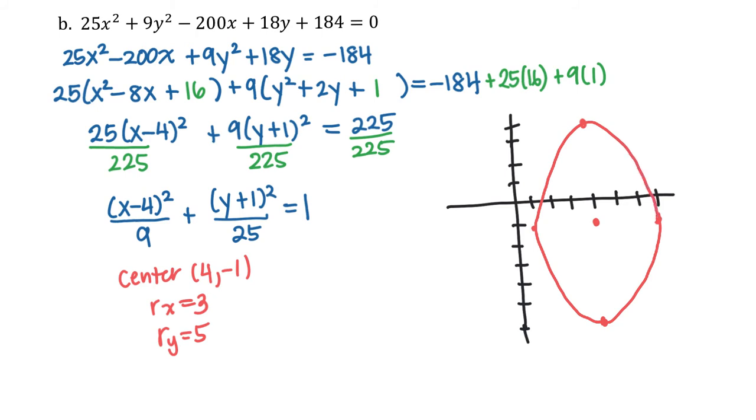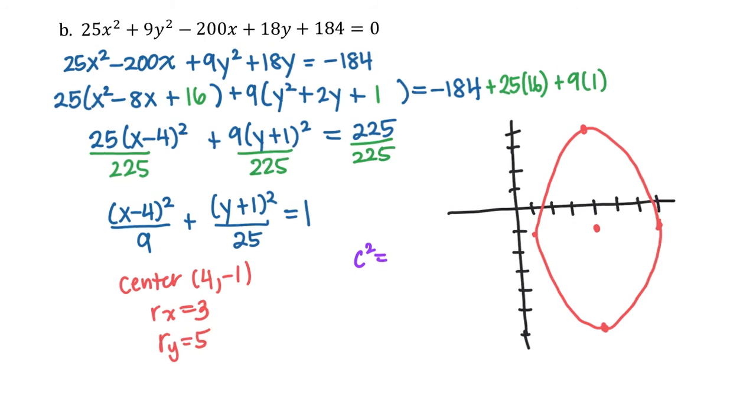Okay, now the only thing I'm going to need to calculate is the focal radius so I can graph the foci and write the coordinates of it as well. Okay, if you recall, the formula is c squared equals a squared minus b squared, where a is the larger radius. So between the 3 and the 5, the larger radius is 5.